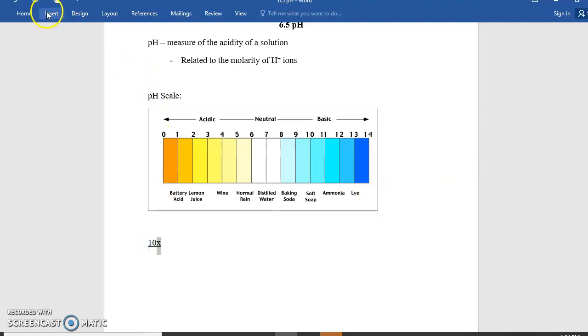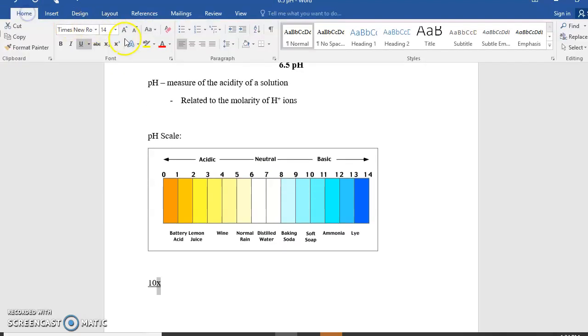What we're going to be doing is trying to get rid of the 10 part of it, because most of our stuff is actually in scientific notation, something times 10 to the x, and we want to break it down just into a normal number. And so what we're going to do is the opposite function.